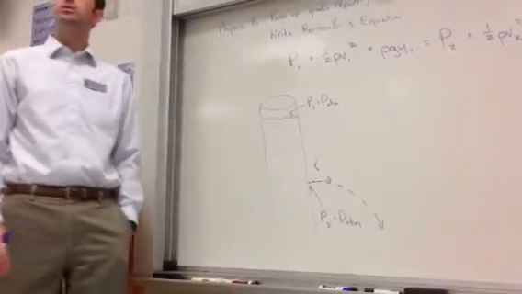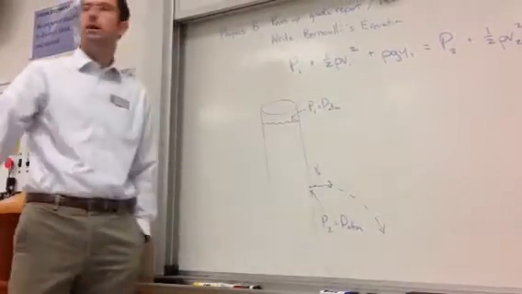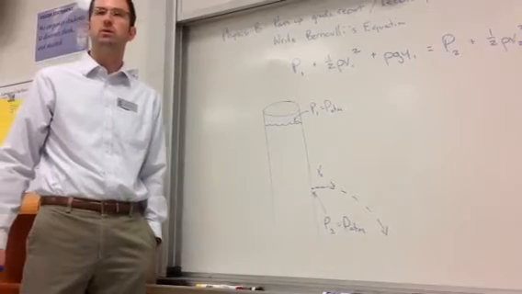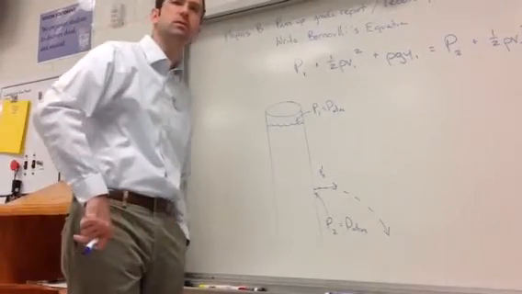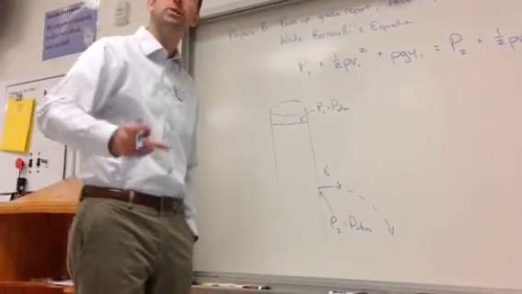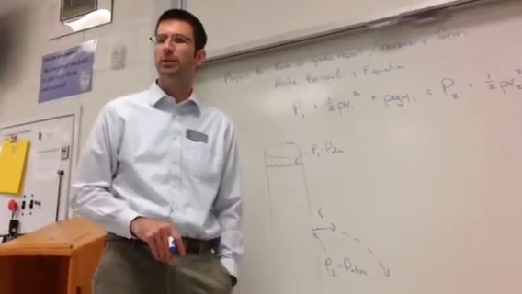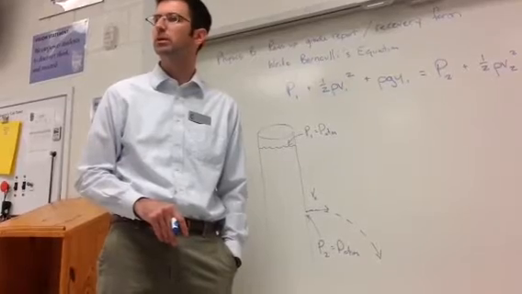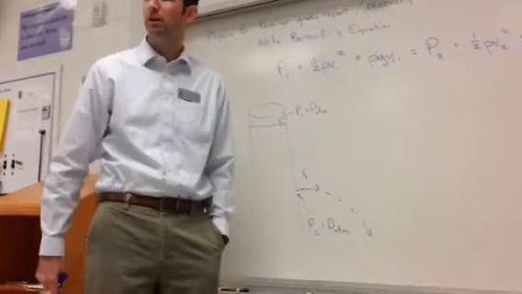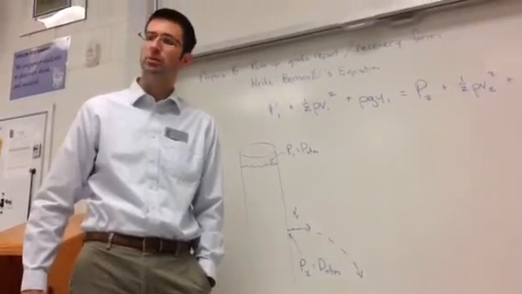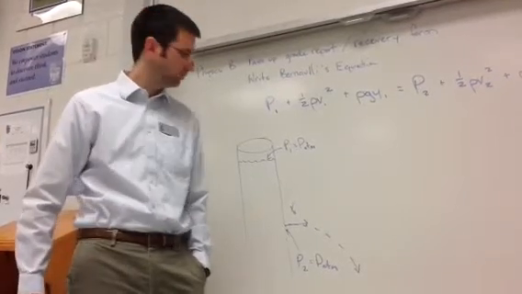And who can tell me, what do you think determines the speed of that water coming out of the hole? Michael? The size of the hole. Actually, no, it doesn't. If you ignore the viscosity of the fluid, it does not, and it's pretty negligible in this case. Chris? The pressure on the top.